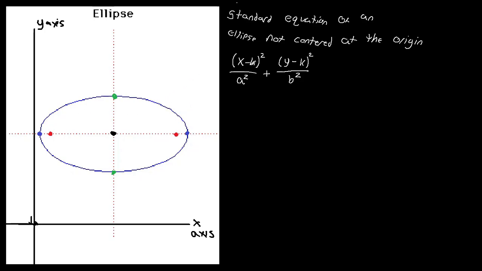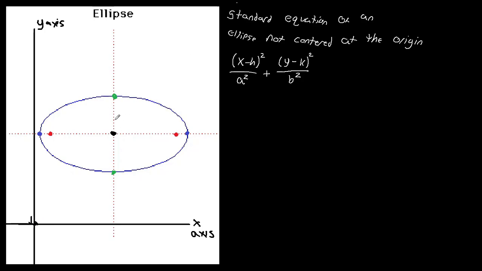So let's start off by talking about the standard equation. When we start to shift things away from the origin, we get this h and this k parameter, which is something we haven't seen yet. H and k represent how far away we've moved the center of the ellipse from the origin.